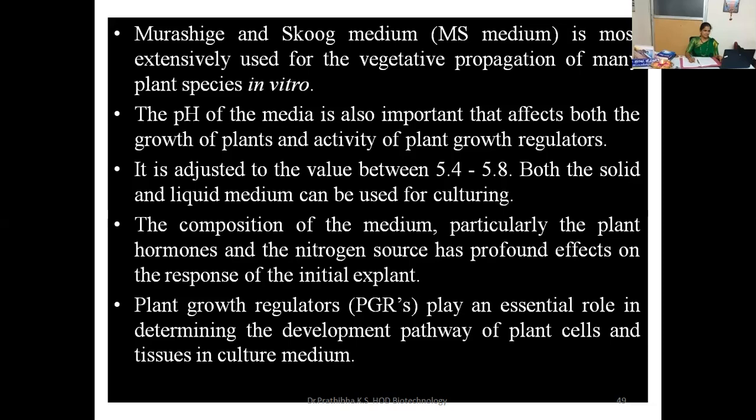Hormones and nitrogen sources have profound effects on the growth of the initial explant and must be provided in proper concentration. Plant growth regulators play an essential role in determining the development of plant cells and tissues in the culture medium.